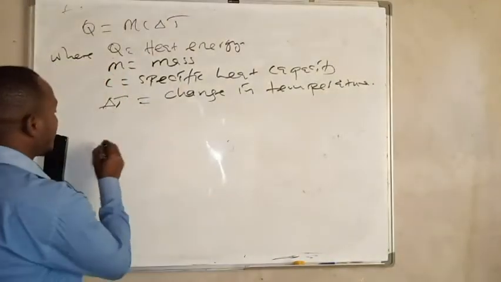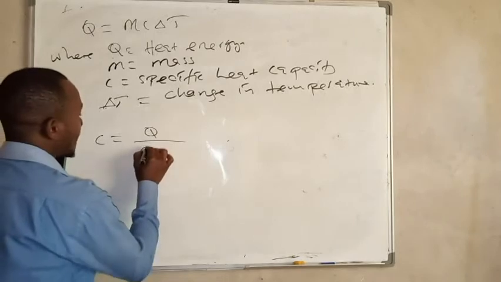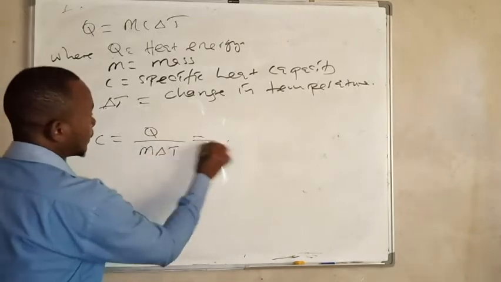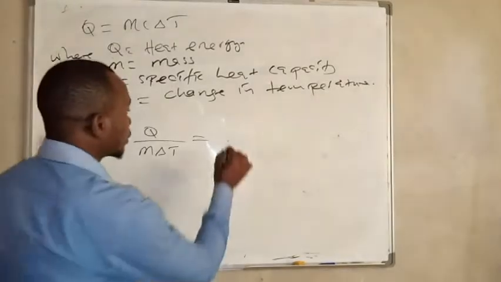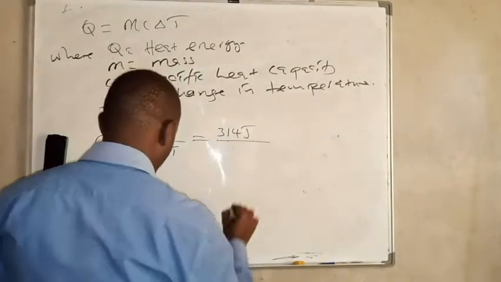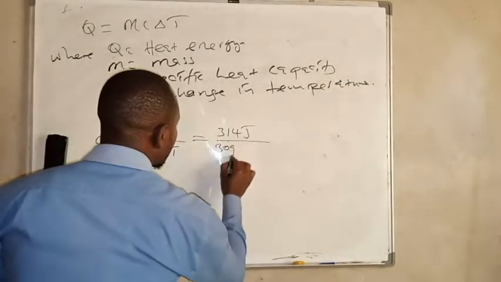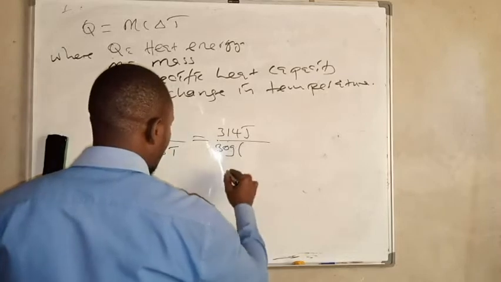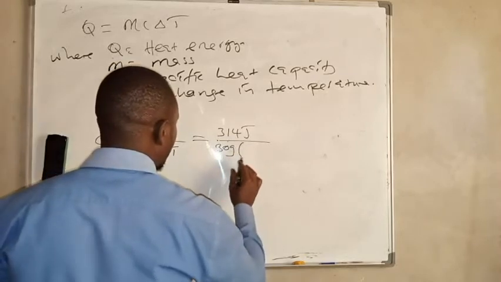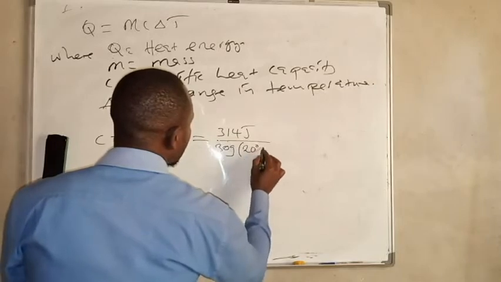We are going to have c equals Q over m delta T, and plugging in the values, we have 314 joules over the mass, which is 30 grams, and the change in temperature, that is 45 minus 25, which gives 20 degrees Celsius.